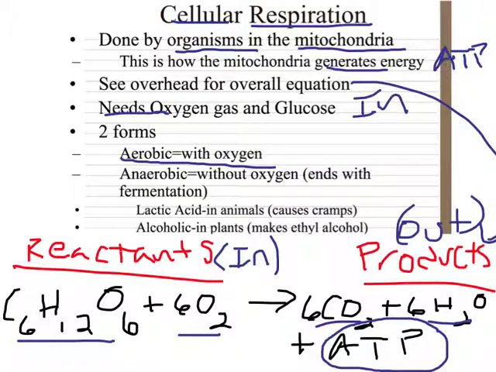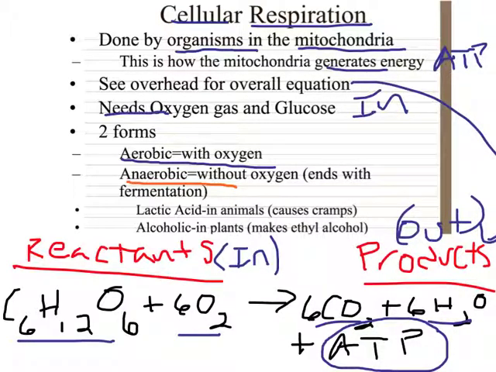Sometimes even when you do silly things like go out and over-exercise without being properly trained, what happens is your breathing is not regular and you're not getting oxygen to your muscles efficiently, and so your muscles switch to the other side as well. That's called anaerobic respiration, okay, and that's without oxygen.